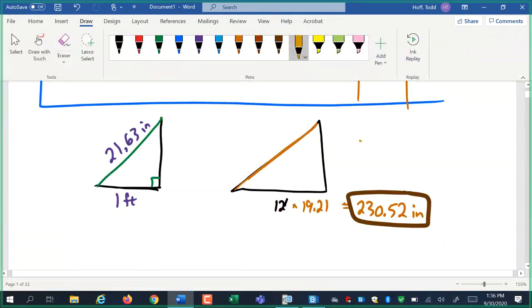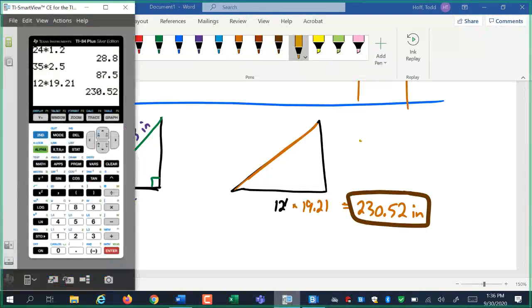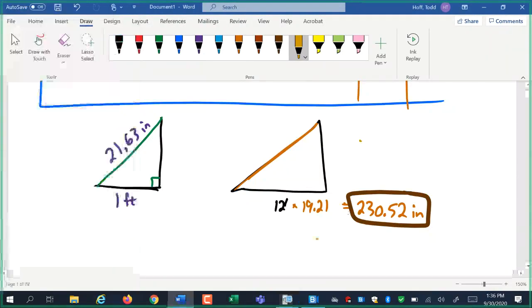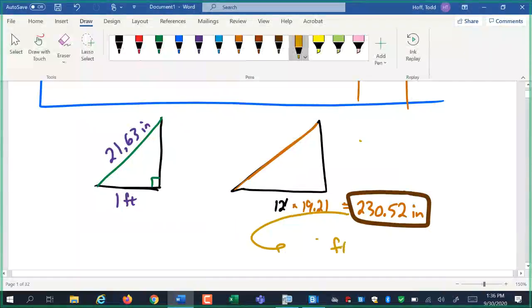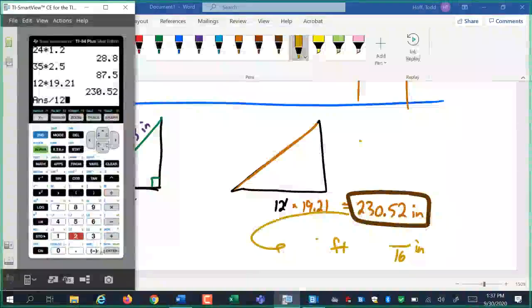Now we have to break that down. We don't want to leave it like that. In our calculator, I've got 230.52. I'm going to go through this very slowly the first time. This is in inches. I want it in feet, inches, and sixteenths. So to get that to feet, I divide by 12. So it's 19.21 feet.